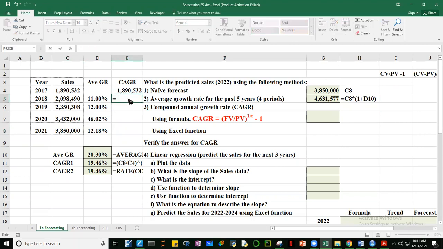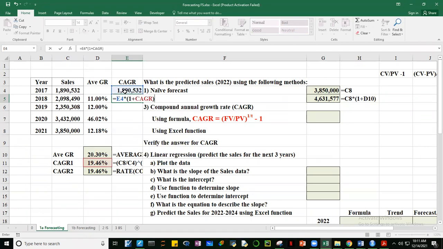So let's do that. We let this grow by times 1 plus R. Bigyan natin pangalan to. I'm going to give this the name CAGR. CAGR, enter. So this will be equal to the previous times 1 plus R, CAGR.